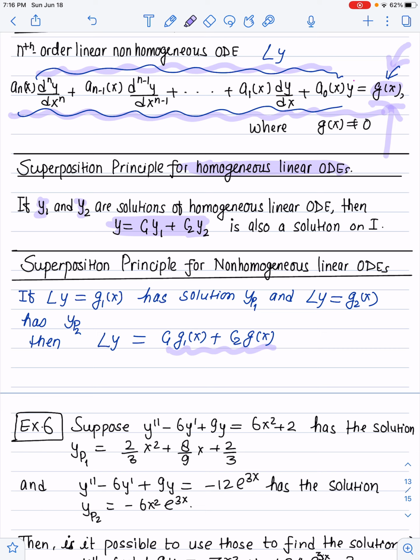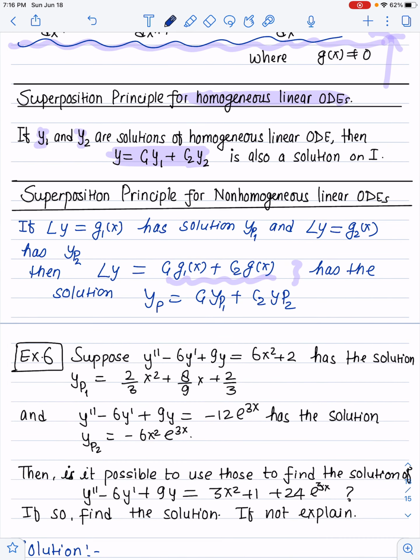Then the solution of this non-homogeneous differential equation would be yp equals c1 yp1 plus c2 yp2. That is called the superposition principle for the non-homogeneous linear ordinary differential equation. You should keep this in mind.